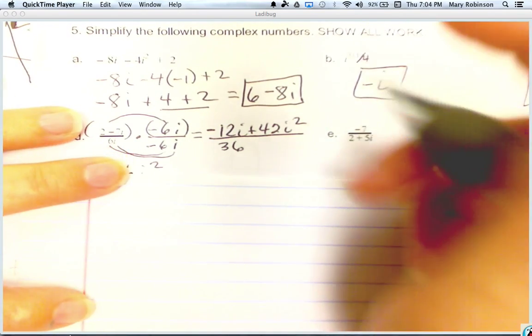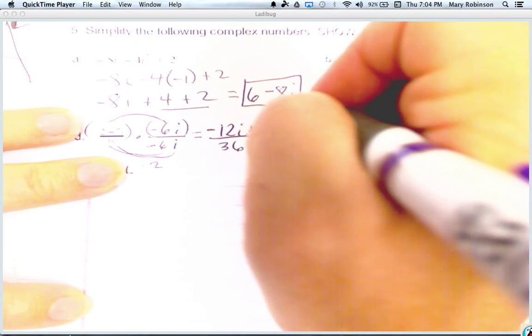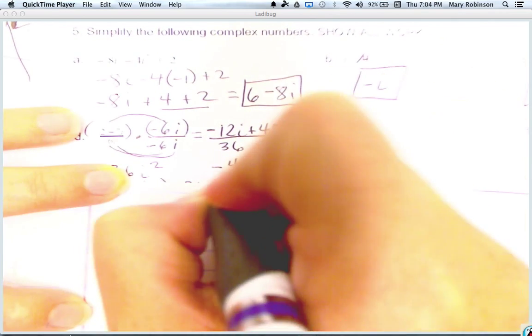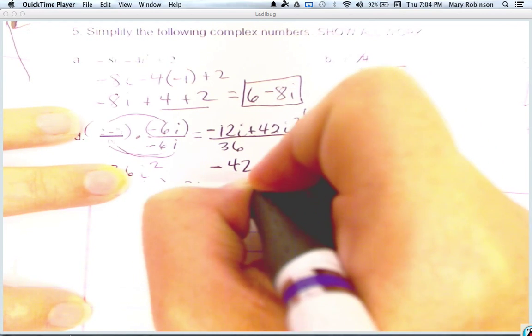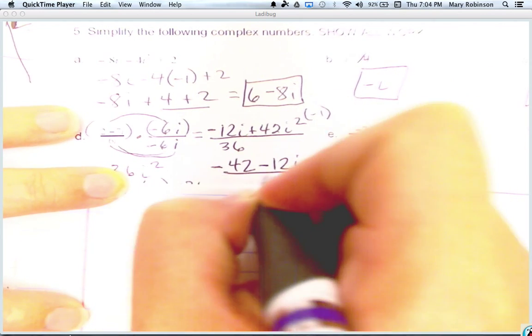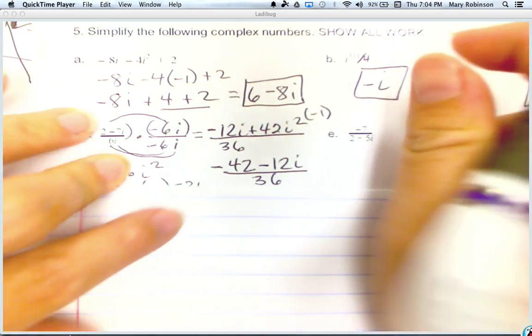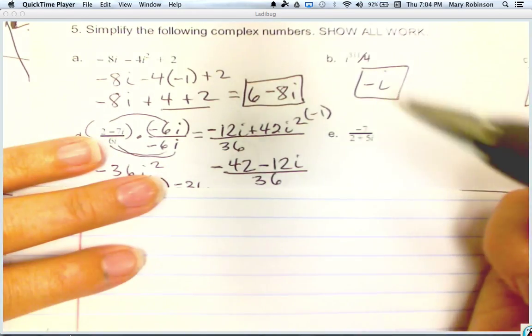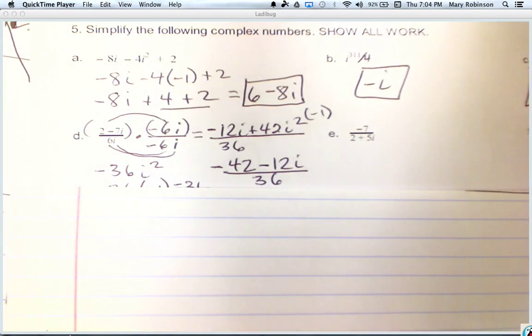At this point, again, we want to substitute negative 1 here. This will turn this into negative 42. Remember to write your real number first, then your imaginary, over 36. Then, if you have common factors, you need to reduce. All of these are divisible by 6.